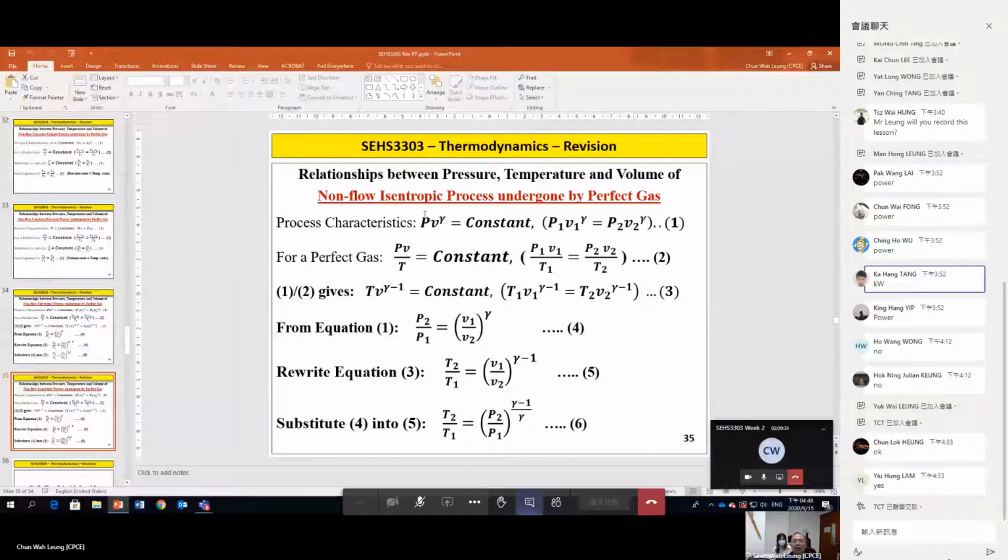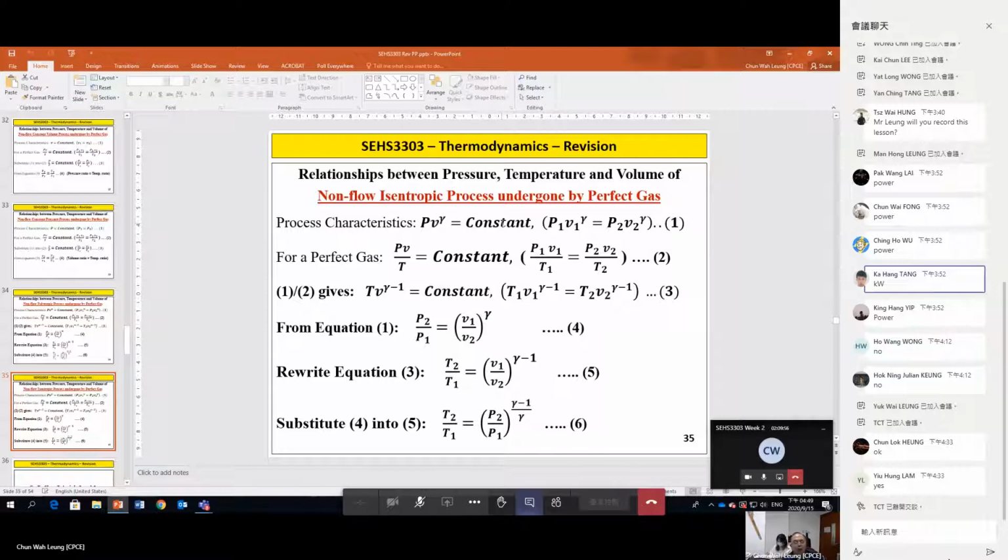Remember that pressure times volume to the power gamma is a constant. That means pressure changes and volume changes. There's no constant volume or constant pressure.